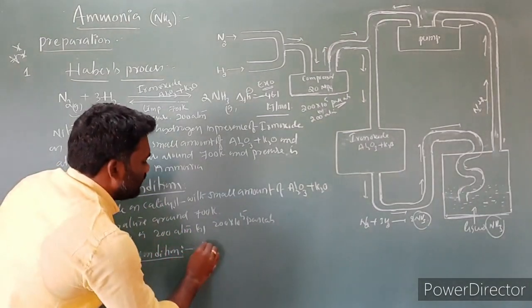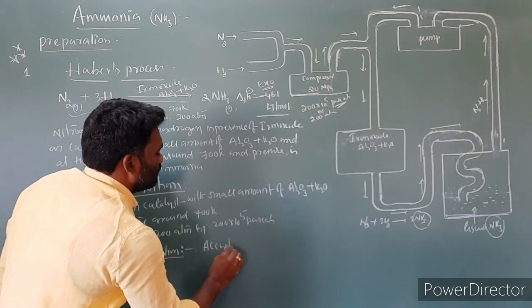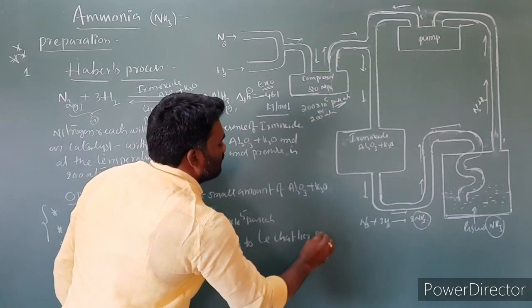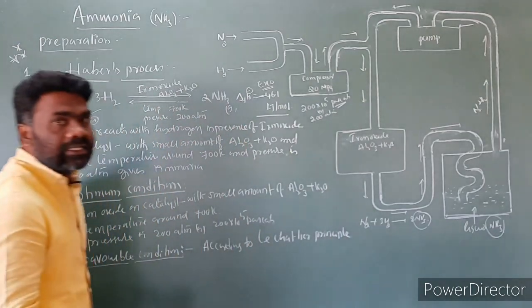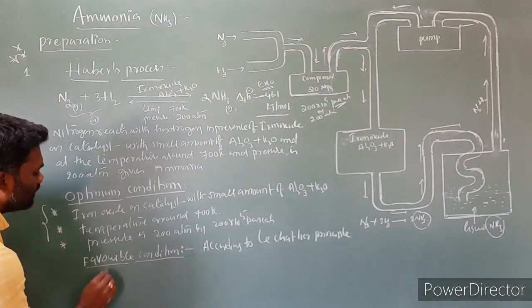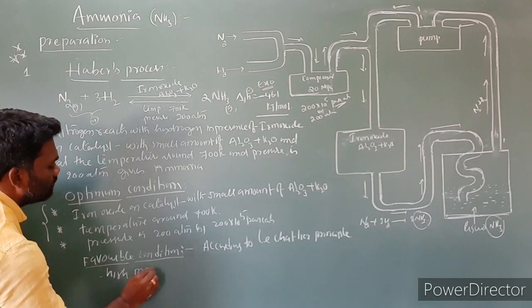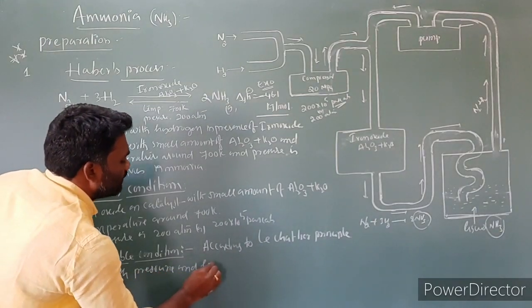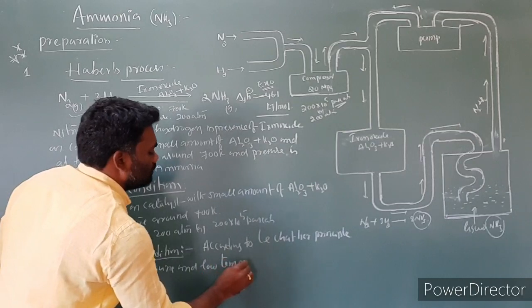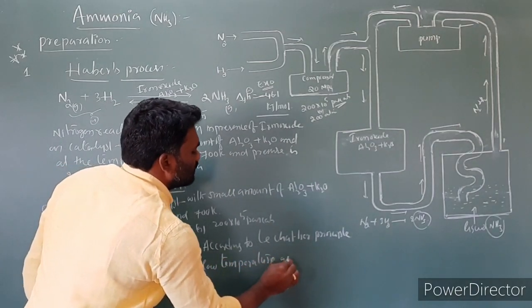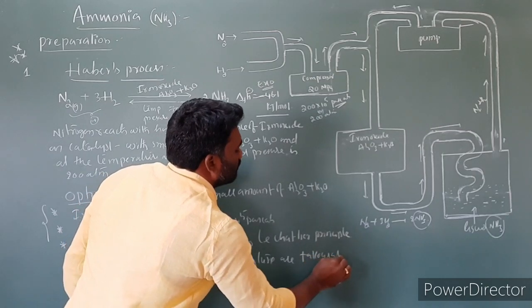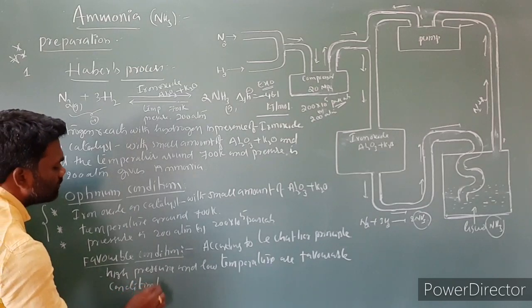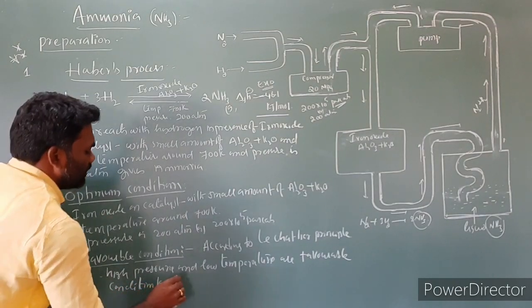So according to Le Chatelier principle, high pressure and low temperature are favorable conditions for manufacture of ammonia.